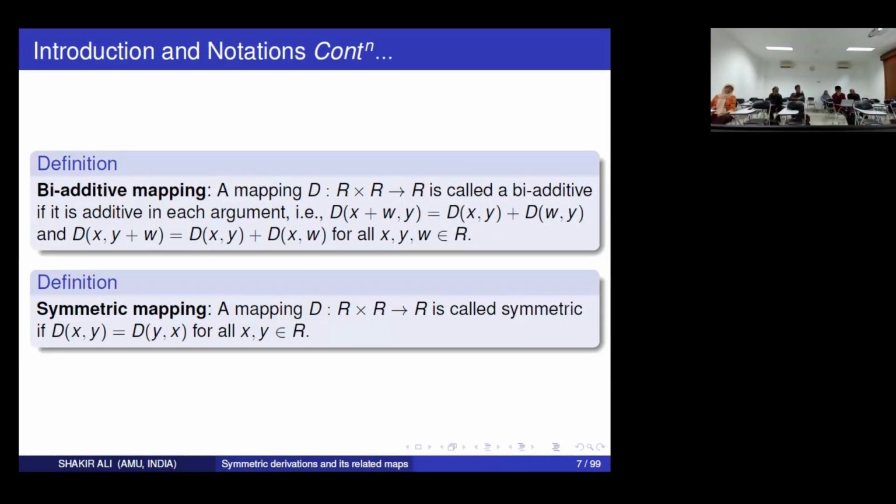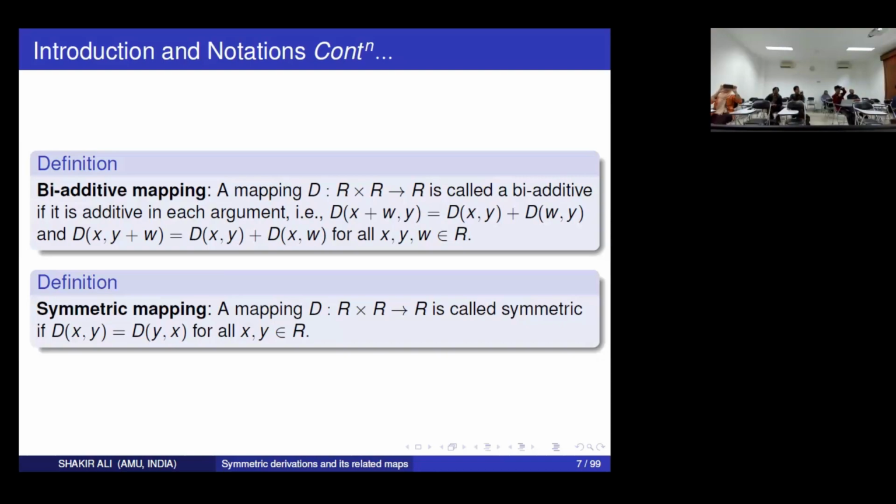We have an additive map D from R cross R to R. D is additive in the first argument, and D is additive in the second argument. That means D is additive in both arguments, and such a map is biadditive.